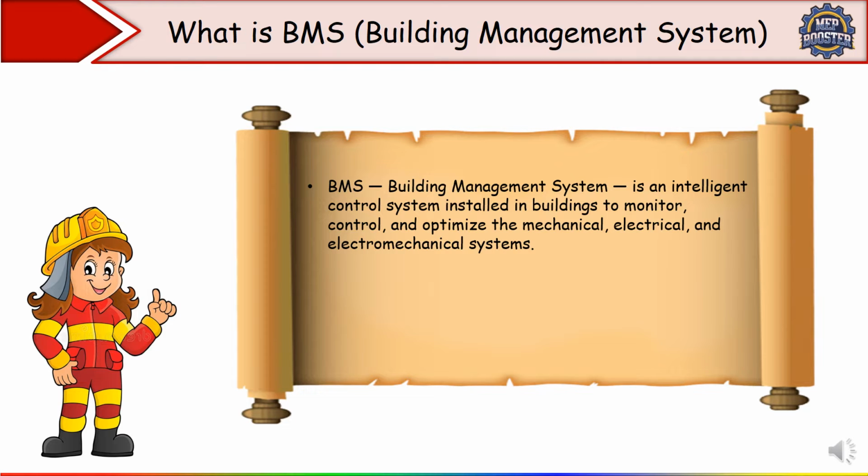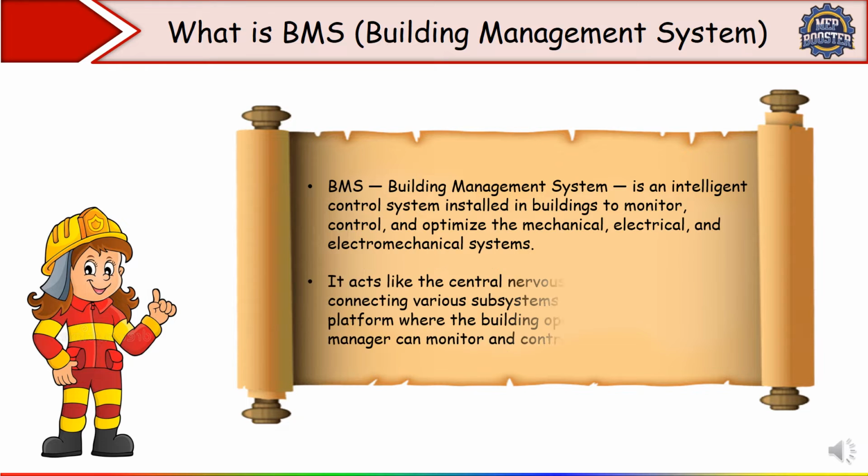Building management system is an intelligent control system installed in buildings to monitor, control and optimize the mechanical, electrical and electromechanical systems. It acts like the central nervous system of a building, connecting various subsystems to a central platform where the building operator or facility manager can monitor and control everything.